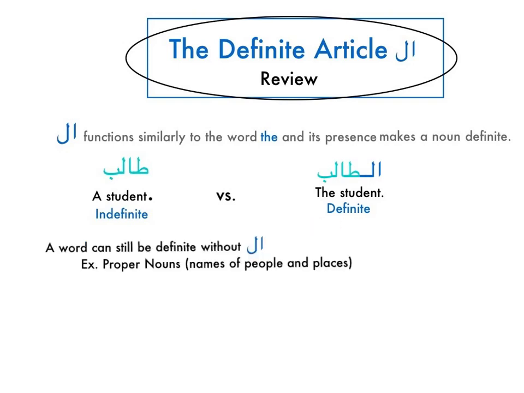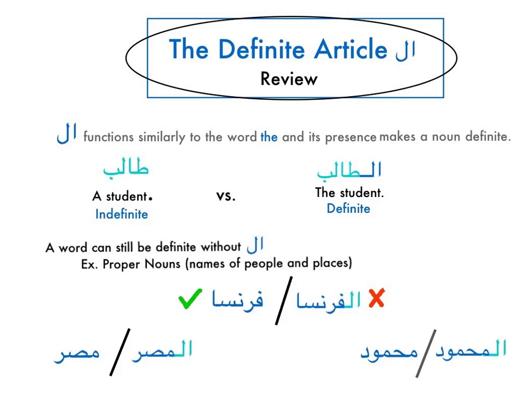A word can still be definite without L. Example, proper nouns, just like English. Names of people and places can be definite without ألف لام. Example, فرنسا, France. We don't say the France, we say فرنسا. مصر, Egypt.